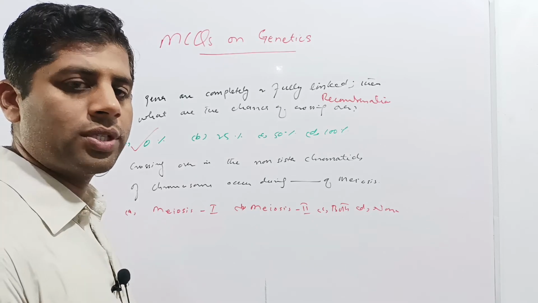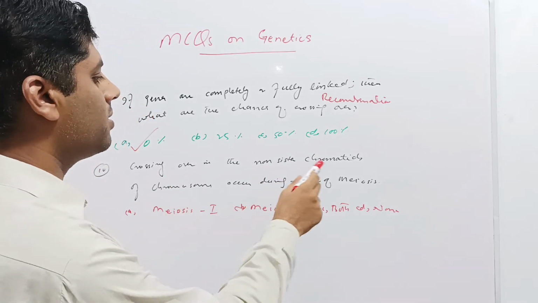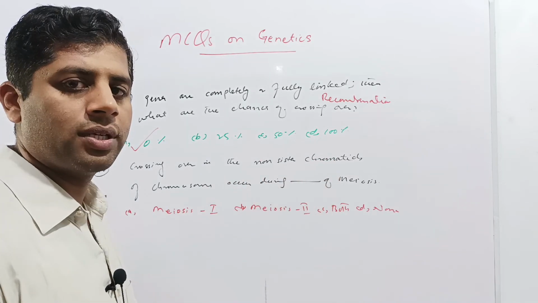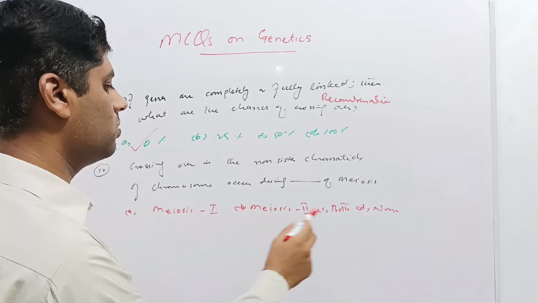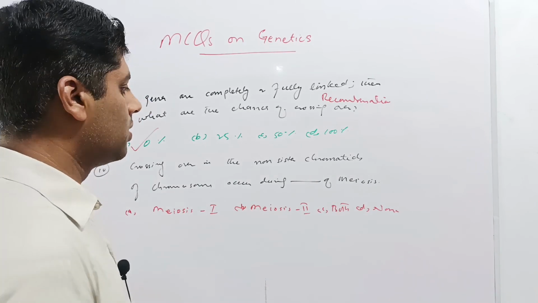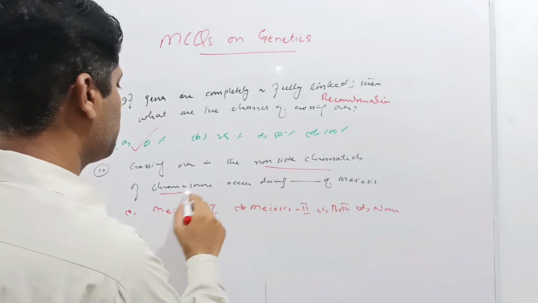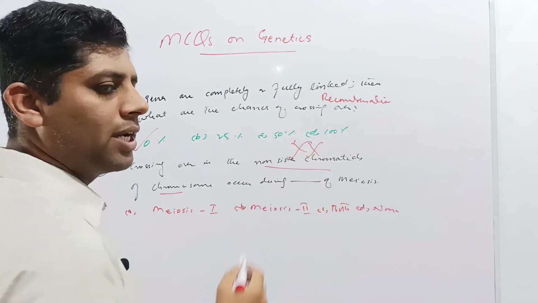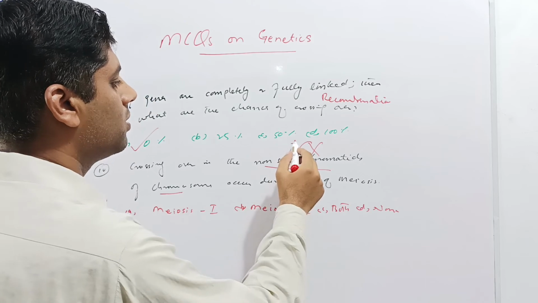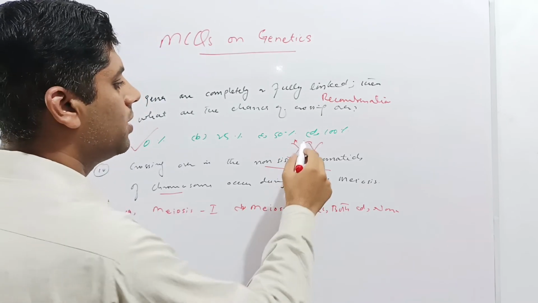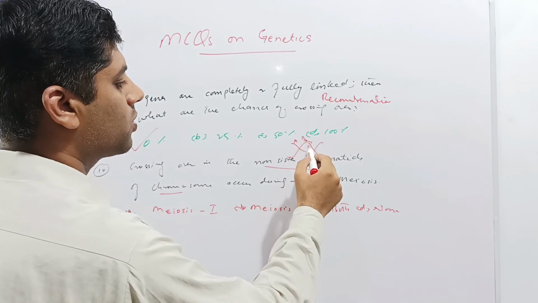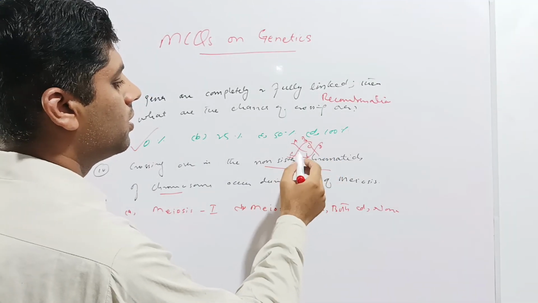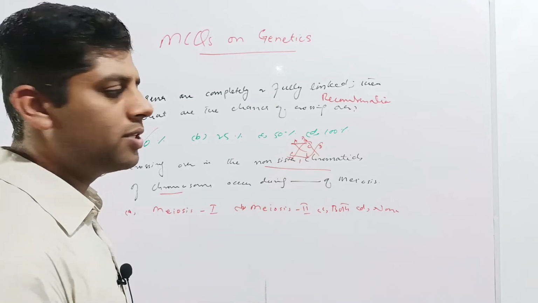Next question is, crossing over in the non-sister chromatids of chromosomes occurs during dash of meiosis. Given options are meiosis 1, meiosis 2, both, or none. For the non-sister chromatids of chromosomes, for example, if we have a homologous pair of chromosomes, then this chromosome has chromatid A, then chromatid B, and the other chromosome has chromatid C and chromatid D. In chromosome 1, chromatids A and B are sister chromatids.